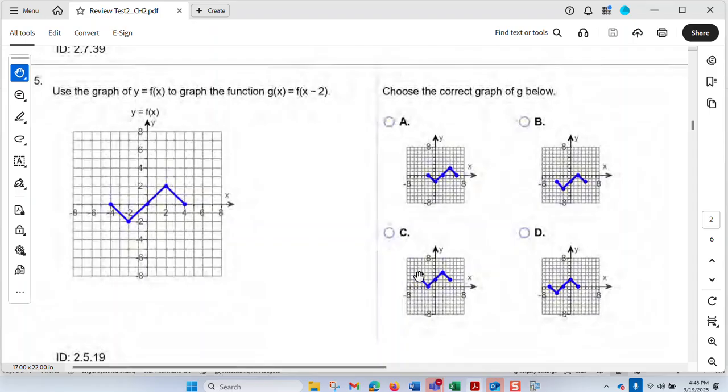This one also moves vertically, so that is wrong. Okay, so you can see which one is moving horizontally and which one is moving vertically. B and C both move vertically, so that's wrong, right? So the only possible answer here is either A or D, okay? Because A or D looks like moving horizontally only.